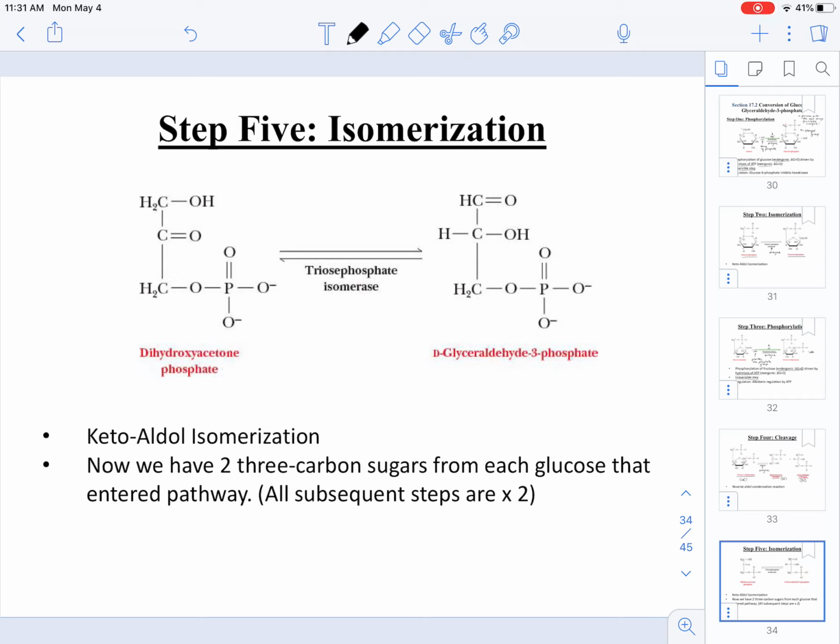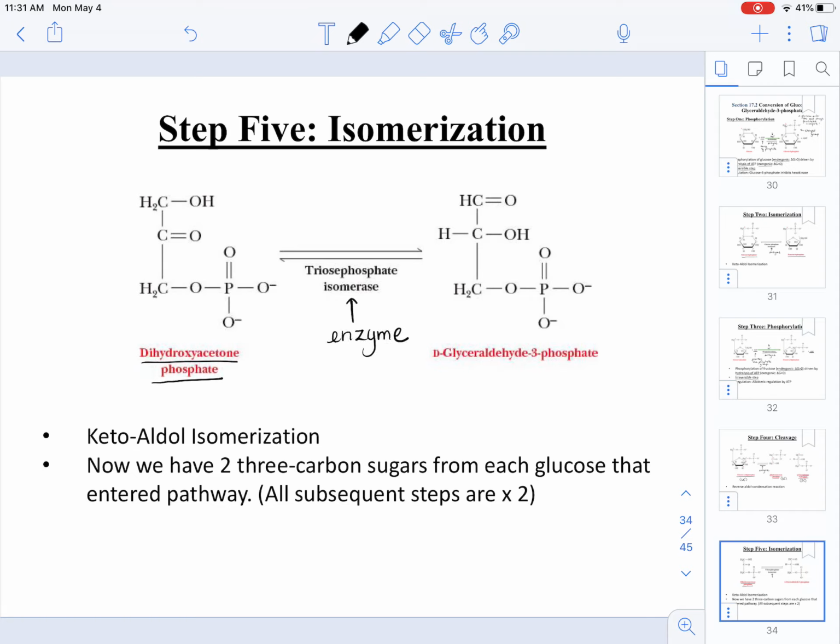On step 5 of glycolysis, we're going to have an isomerization reaction in which dihydroxyacetone phosphate is going to be isomerized by the enzyme triose phosphate isomerase, and dihydroxyacetone phosphate will be converted into glyceraldehyde 3-phosphate.